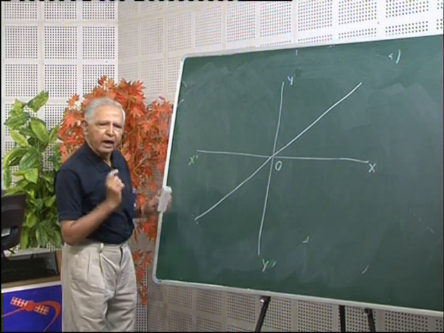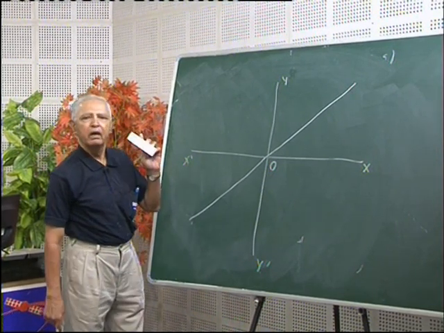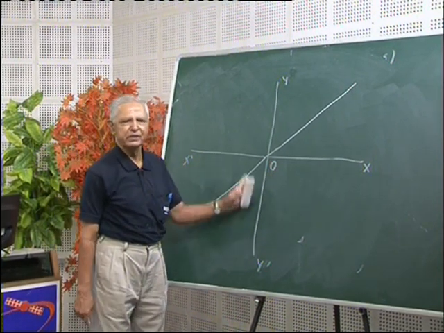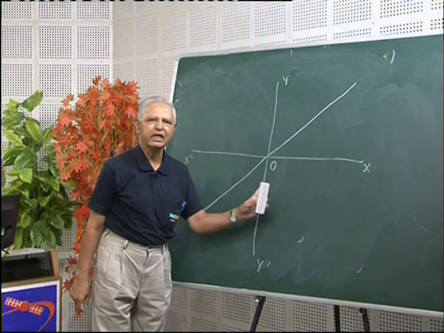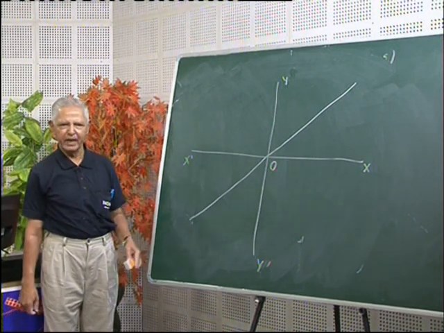And so here a subspace represents a straight line in our Cartesian plane.